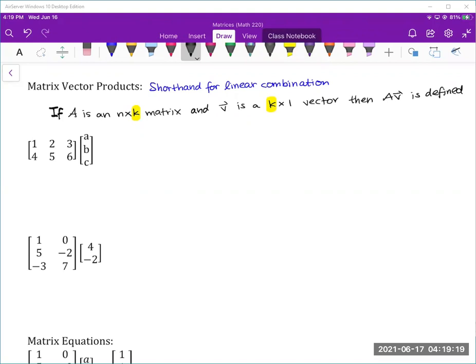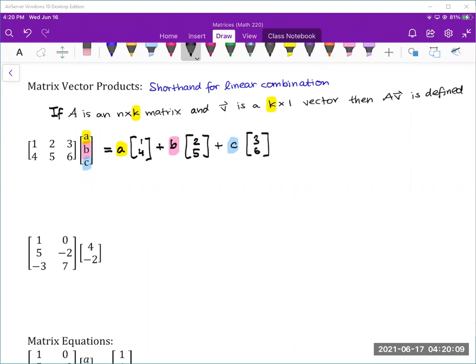So for example, here where we have this matrix that has columns 1, 4, 2, 5, and 3, 6, when we take the matrix vector product with this vector A, B, C, the weight A goes with the vector 1, 4, and we add B times the second column, 2, 5, and we take C times the third column, 3, 6.